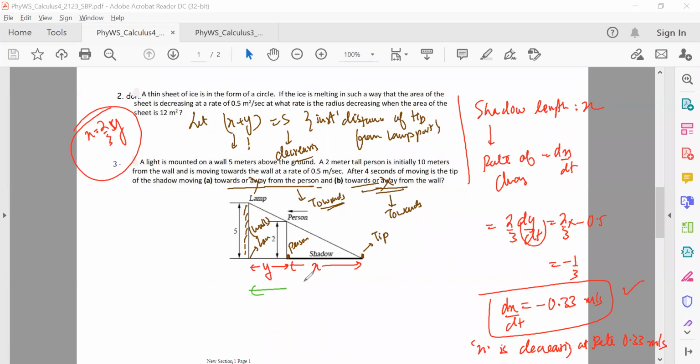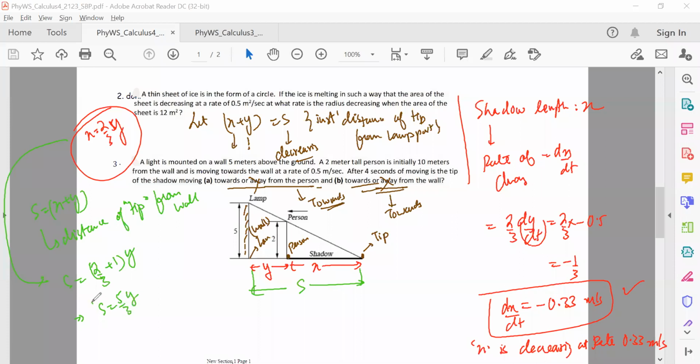This total distance is, let's say, S. So S equals X plus Y is the distance of the tip from the wall. So S we can write as 2/3 plus 1 into Y using this.